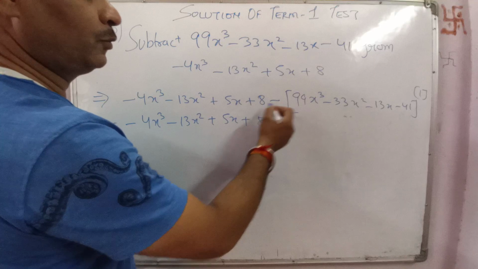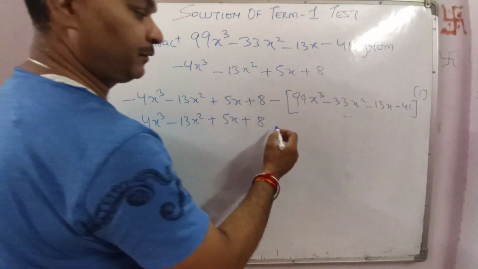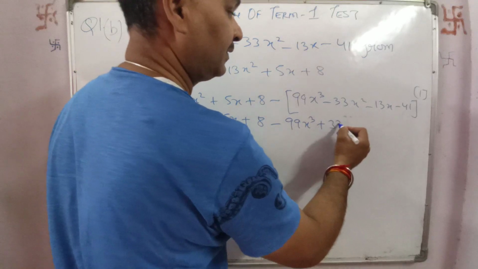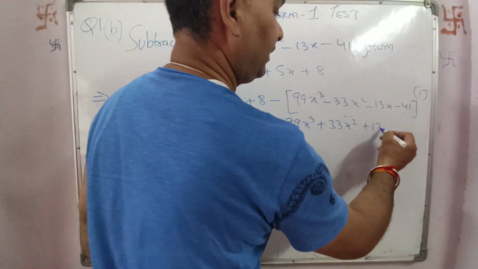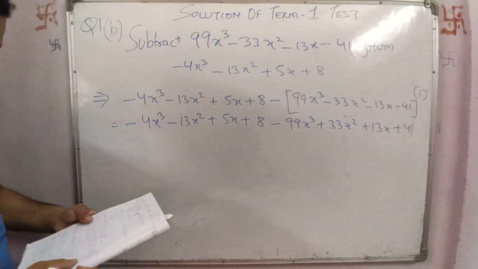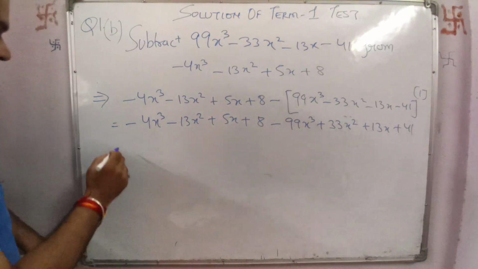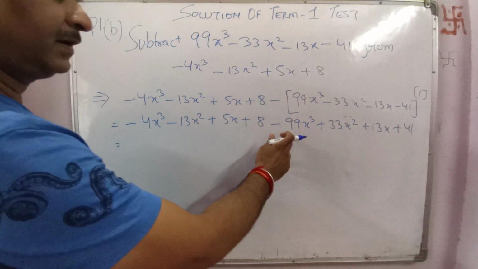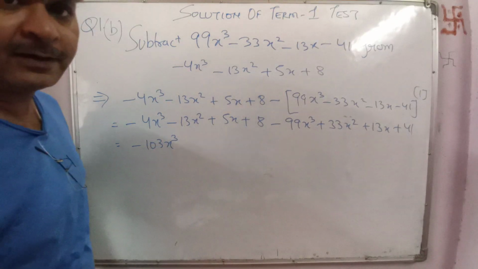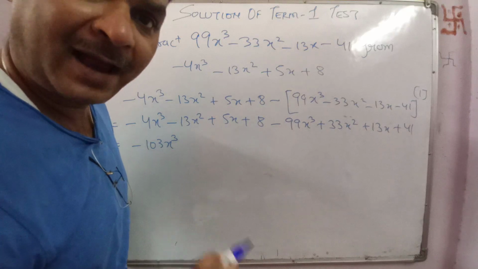Then obviously when we are going to open the bracket, we have to change the sign of each and every term. So minus 99x cube plus 33x square plus 13x plus 41. So we get minus 4 minus 99, that is minus 103x cube. As we know that we can add or subtract only like terms.